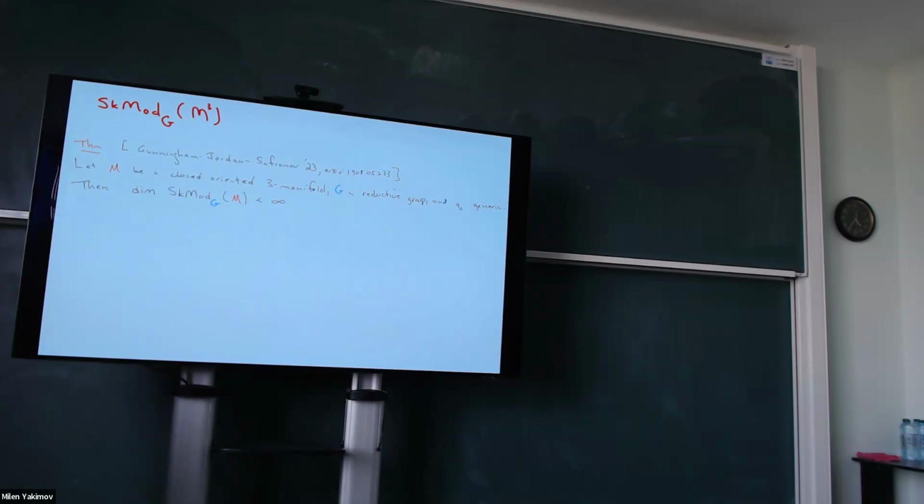Let me tell you the theorem of Gunningham-Jordan-Safronov: if I take M to be a closed oriented three manifold and G a reductive group, so that means when I make my Skein category, etc., I'm going to be using reductive G. And Q has to be generic for this. Again, Q root of unity, there's lots of stuff in Skein theory about that.